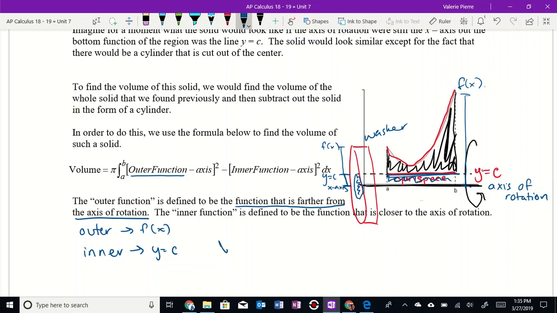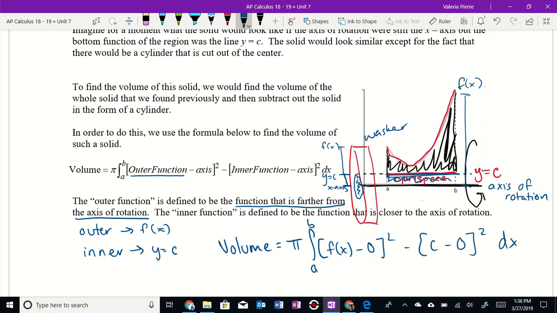So to find the volume in a situation like that, we have pi, going from a to b, of f of x minus 0, because our axis of rotation is the x-axis, squared, minus c, because that's our inner function, minus our axis of rotation, 0, squared, dx.